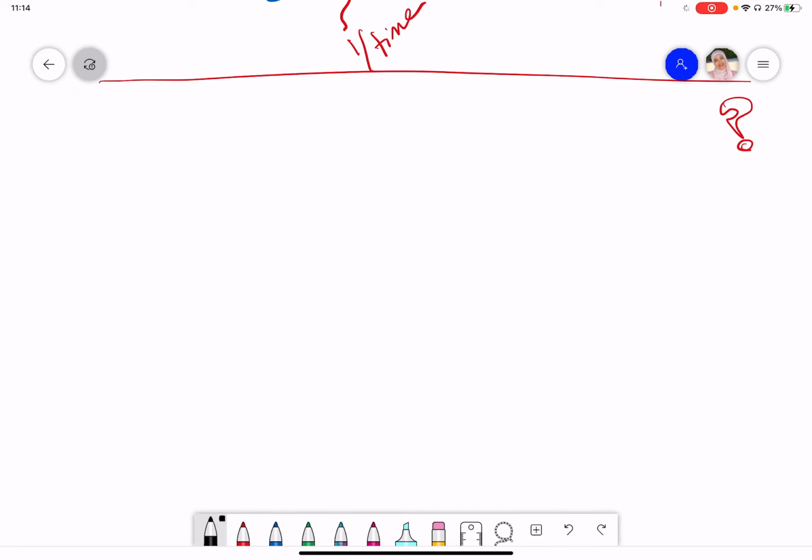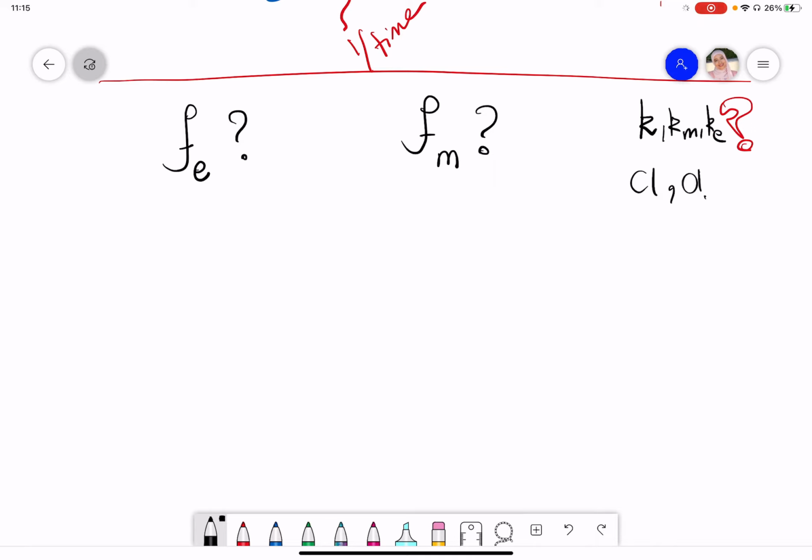can we determine the fraction excreted of the drug or fraction metabolized of the drug if we are considering K, Km, Ke, or total clearance, metabolic clearance, and excretion clearance?